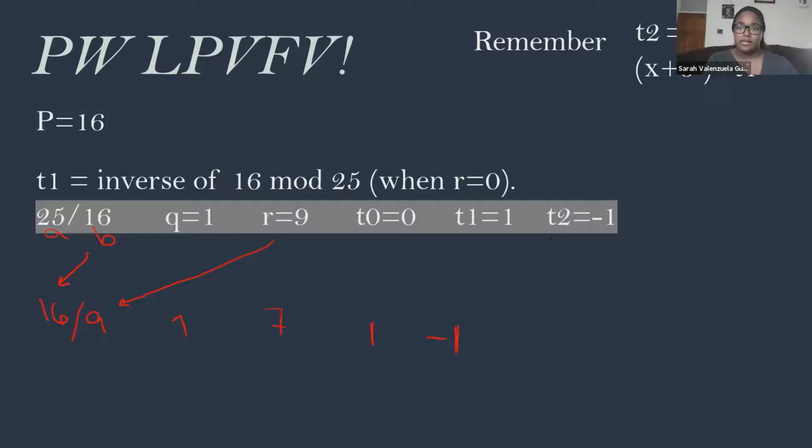And T2, as we can see in our little reminder here, is equal to T0 in this row, so 1, minus Q, that is also 1, times T1, which is minus 1, thus giving us a result of 2.